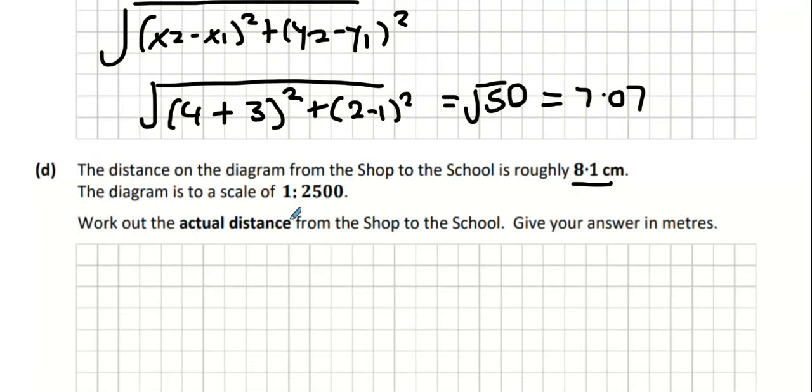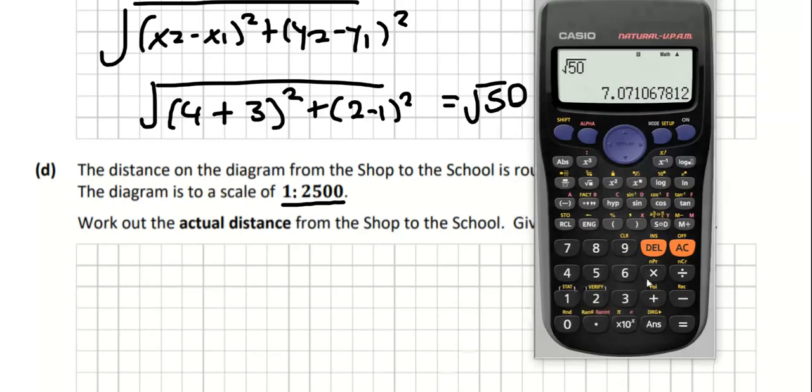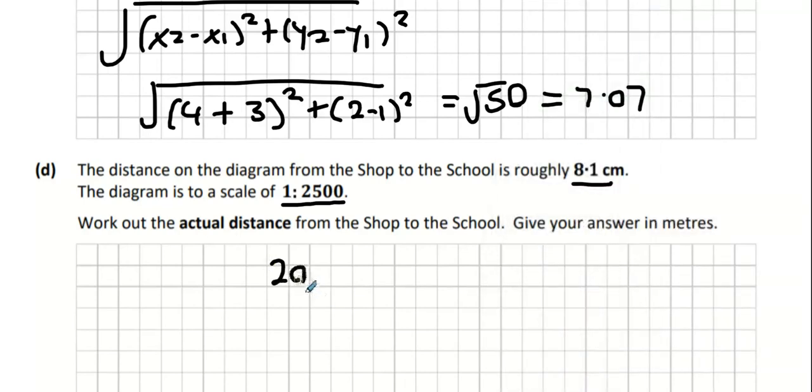The diagram is a scale of 1 to 2,500. This means it appears 2,500 times longer in real life. So you multiply your 8.1 by 2,500, and what you get there is 20,250 centimeters.